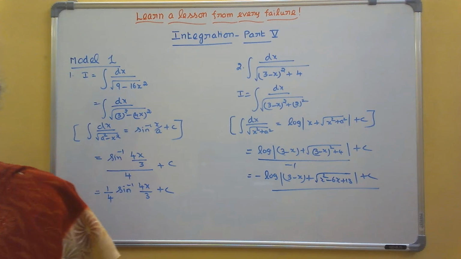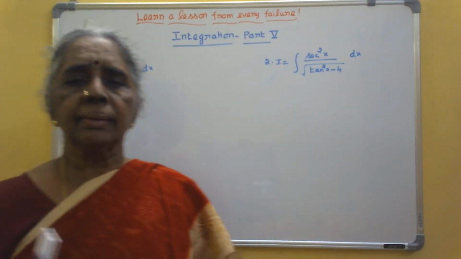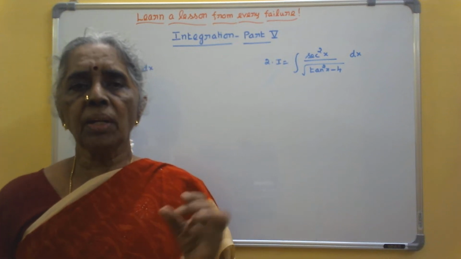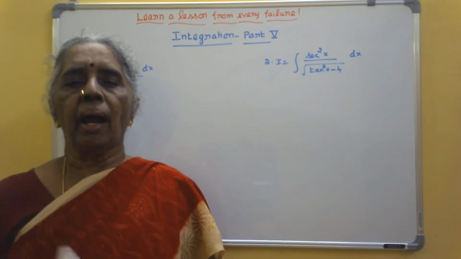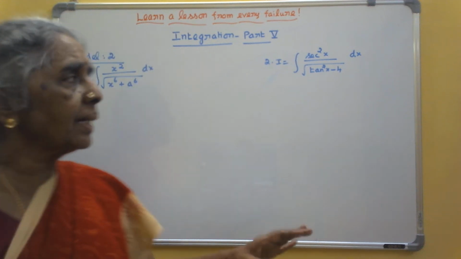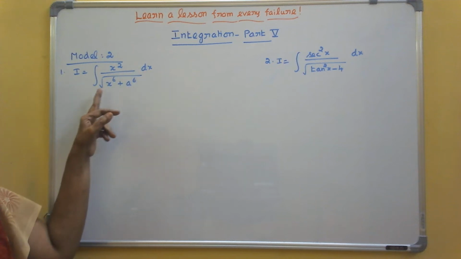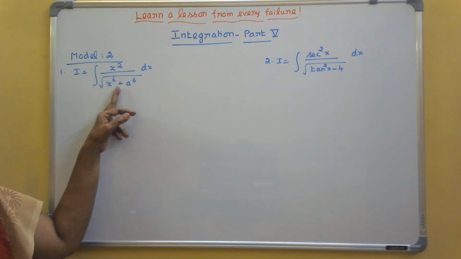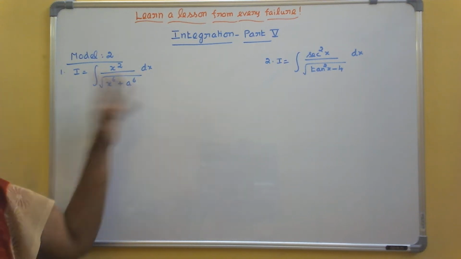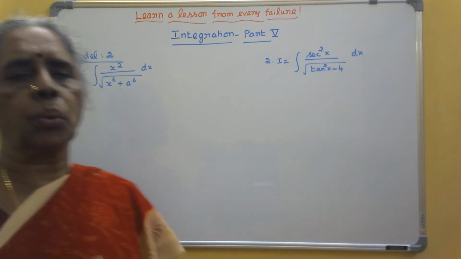Now, let us move on to model 2. The second model is, first you have to substitute and then you will go to the application of the formula. Now, let us see. I is equal to integral x squared by root of x power 6 plus a power 6 dx. You know, x power 6 is x cube the whole square.